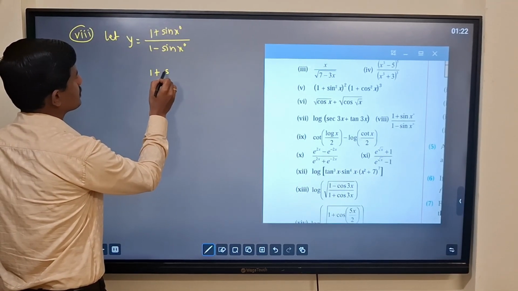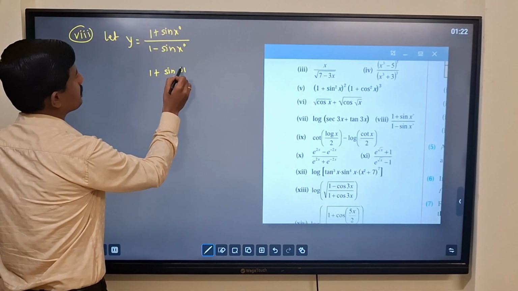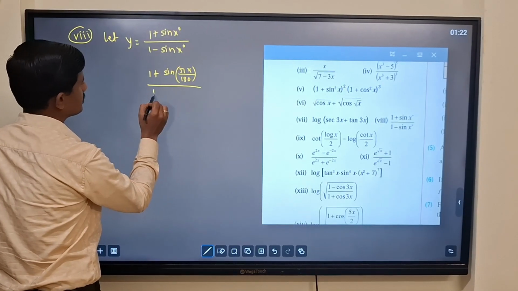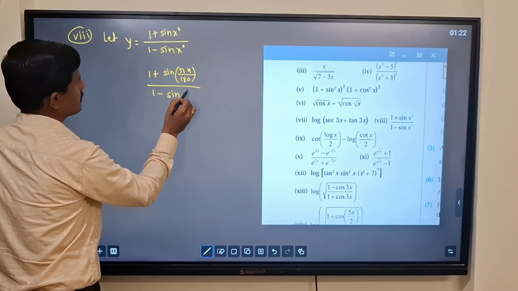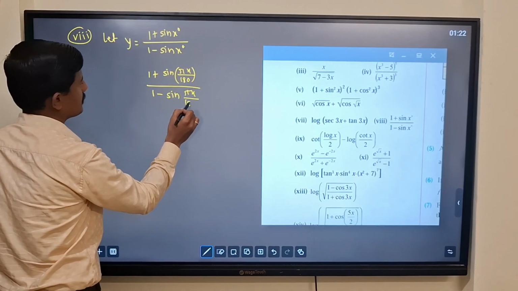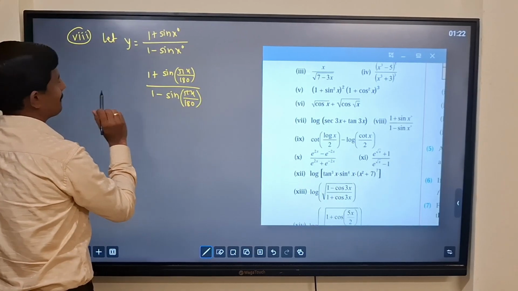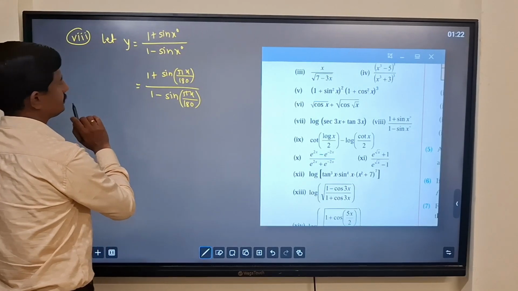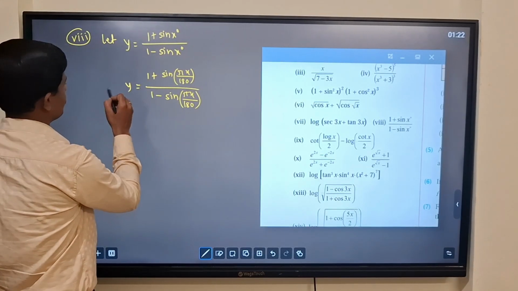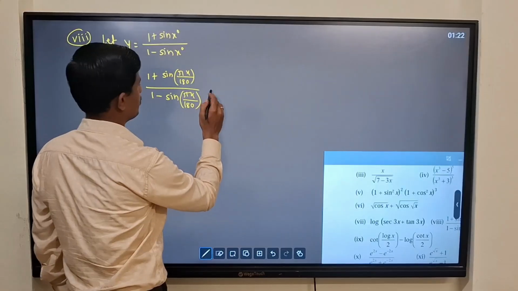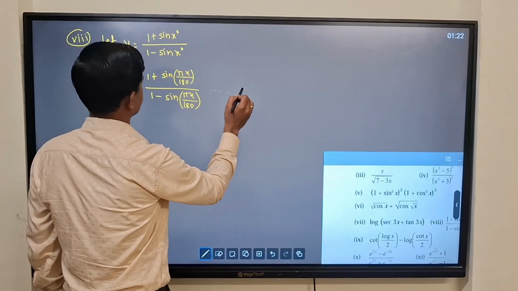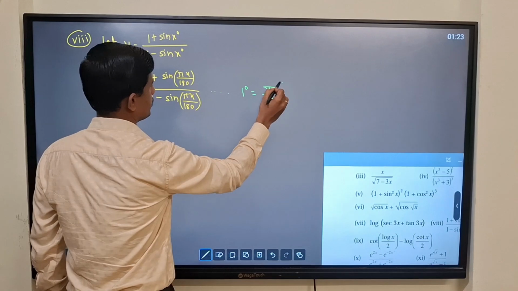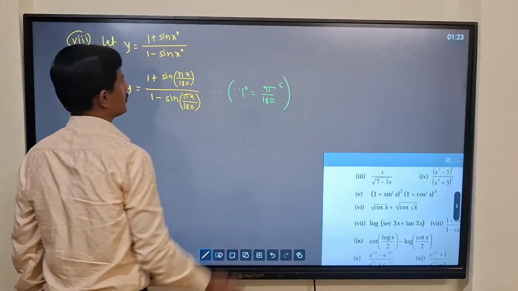This will become 1 plus sine pi x by 180 radian. Similarly, this becomes 1 minus sine pi x by 180 radian. Here I will write down 1 degree is pi by 180 radian.